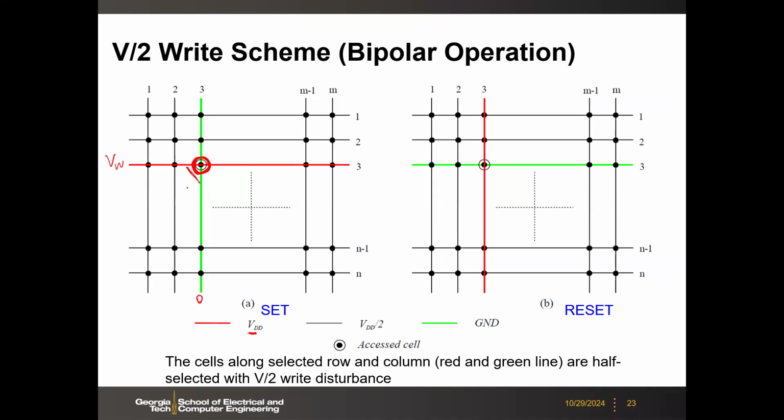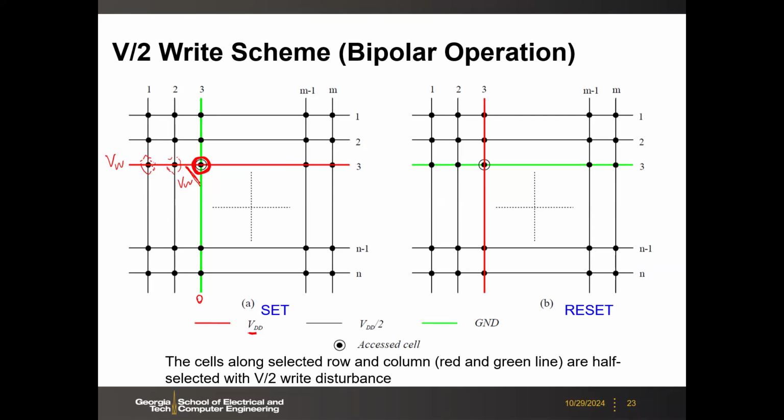So you have the full VW across the memory cell. So you can write the device. But then you will have this half selected issue, right? Because here on the same row, you have other devices, like those devices, right? You do not want to write those devices. Then what do you do? You have to inhibit, right?